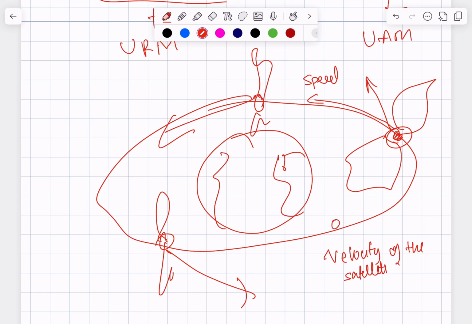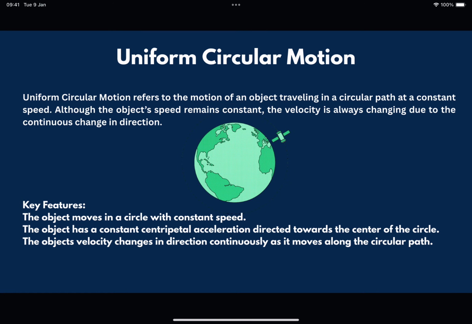I hope this makes sense, why the speed is constant and the velocity is changing at every point. With the help of this diagram, you see the satellite is going here, so the direction is here, and when it is here, the direction will be here. I already wrote here, the velocity is always changing due to the continuous change in direction.